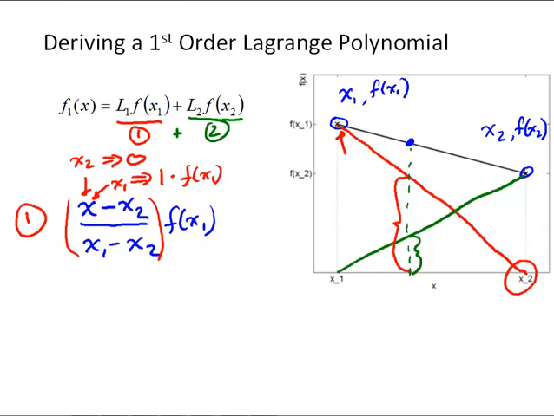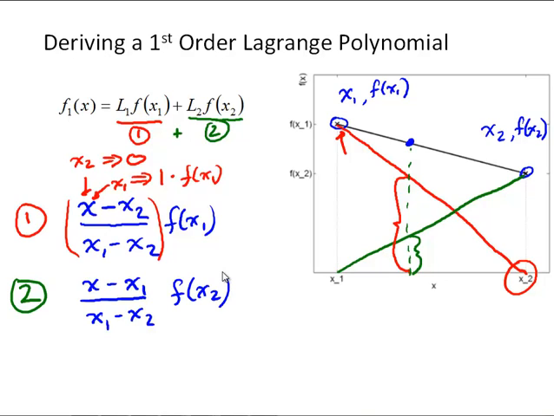We can do the same thing for the second term in our Lagrange polynomial, and that's just going to be x minus x1 in the numerator. That way we make sure that numerator goes to 0 when x equals x1, divided again by x1 minus x2 times f of x2.